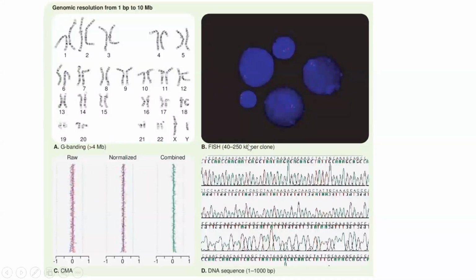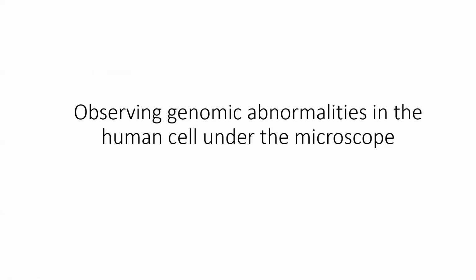But when you are coming to FISH, you are going at 10 to the power of 3 alphabets, which is the resolution that you are giving by FISH. And when you go to NGS or Sanger, you are looking actually at individual alphabets. That's the gross difference in terms of resolution of information that you get about a mutation or a translocation.